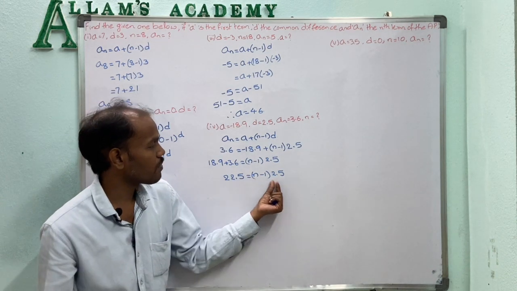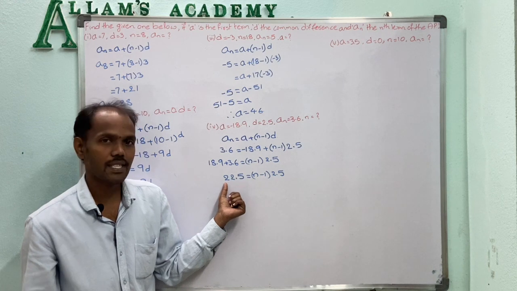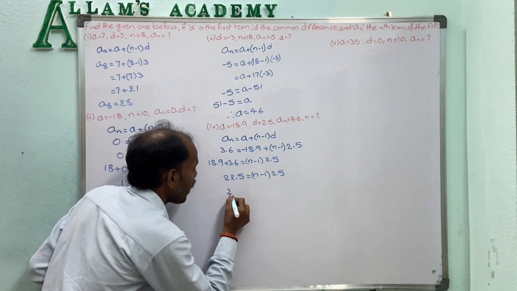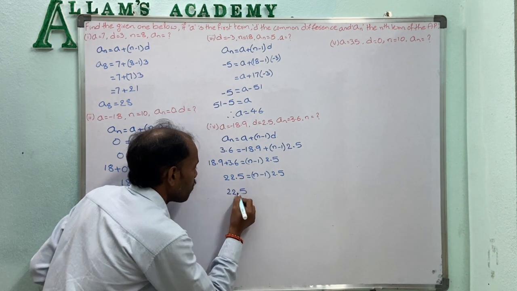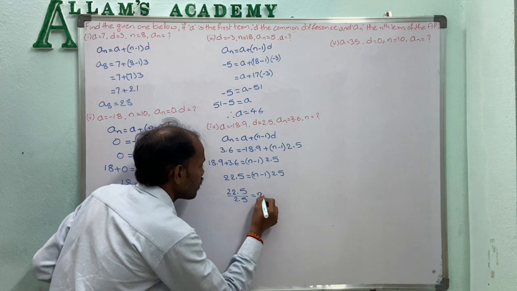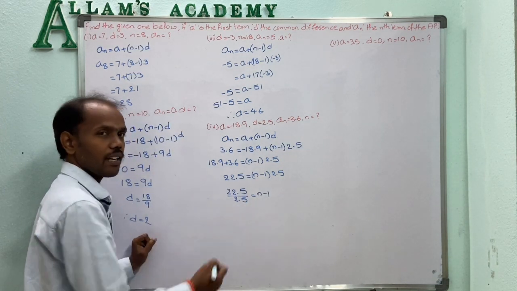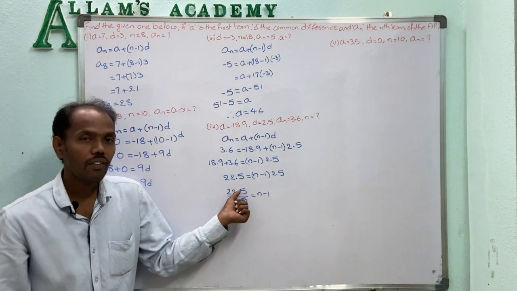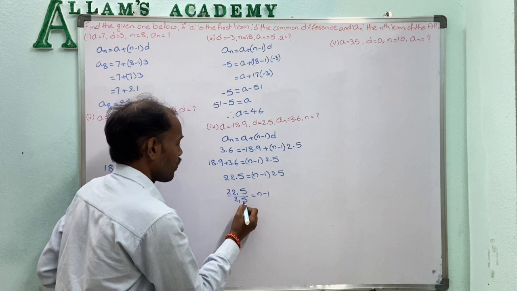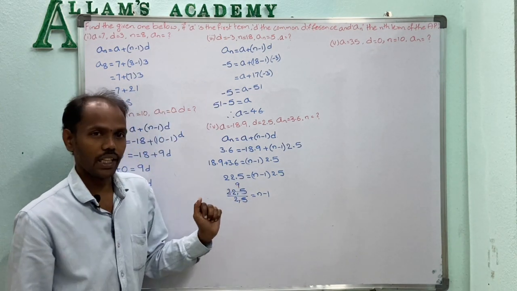Now n minus 1 into 2.5 is a multiplication, so transferring this side, it will be division. So 22.5 by 2.5 is equal to n minus 1. Here there is one digit after the point in both numerator and denominator, so both points cancel. 25 ones, 25 nines, 225.